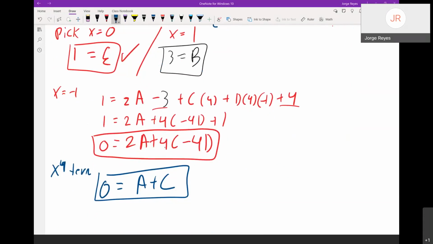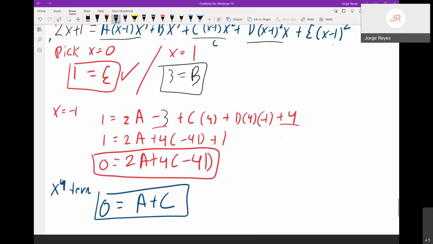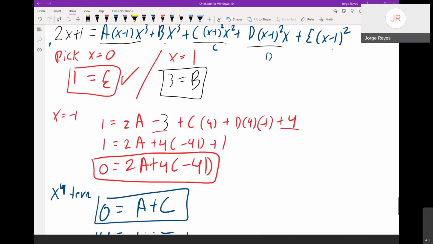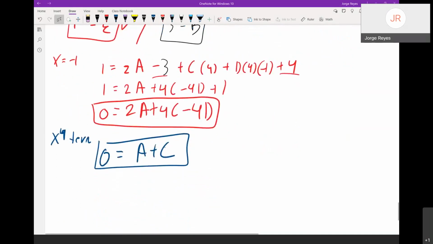Now you kind of have to pick your poison to get the third equation. Either you would compare coefficients again, but with the x cubed term, except this time it would be a little more complicated to calculate, because you would actually have to FOIL these two terms, the one with the A and the C. What I'm actually going to do is just plug in another x.